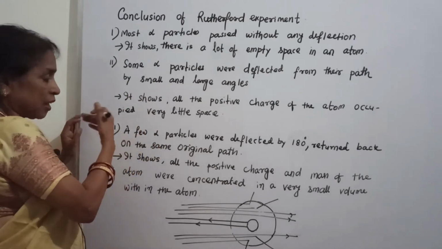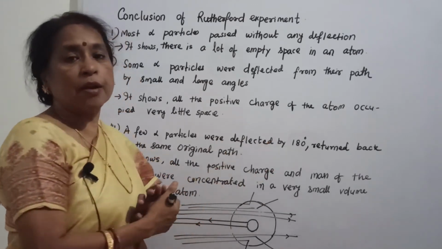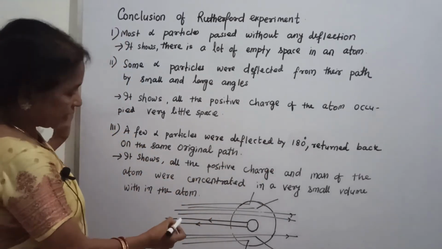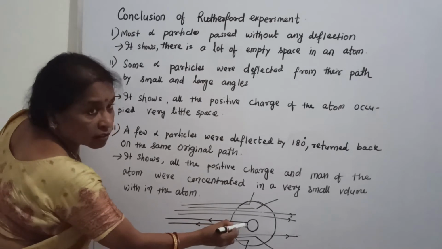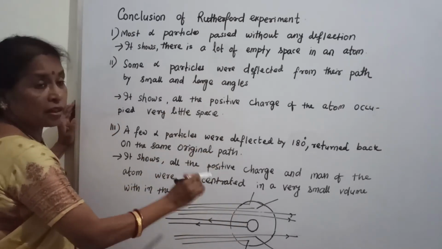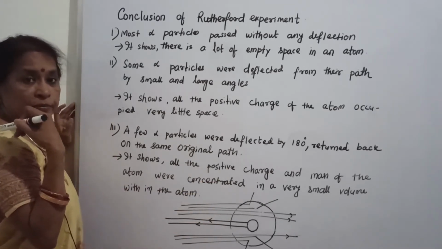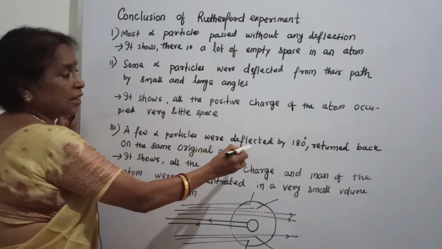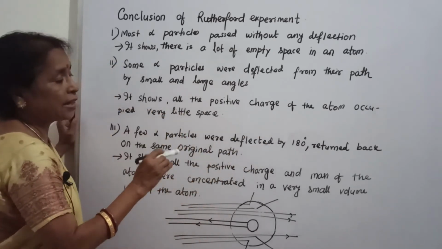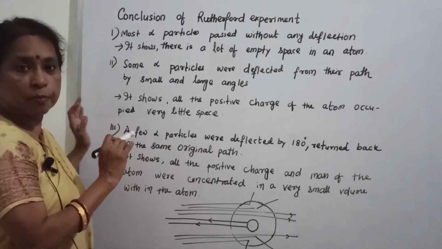Third point: a few alpha particles were deflected by 180 degrees. See here, this one hit the thin gold foil and returned back on the same original path. That means it was deflected by 180 degrees. What does it indicate?